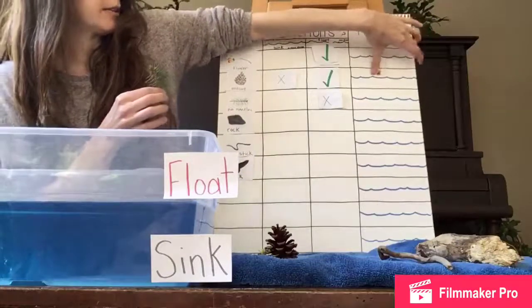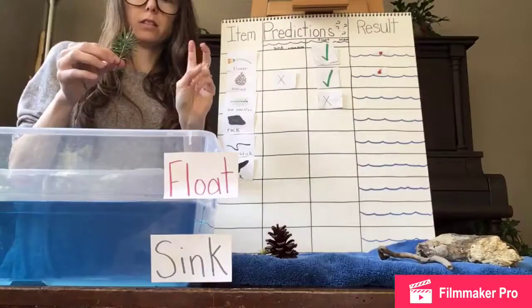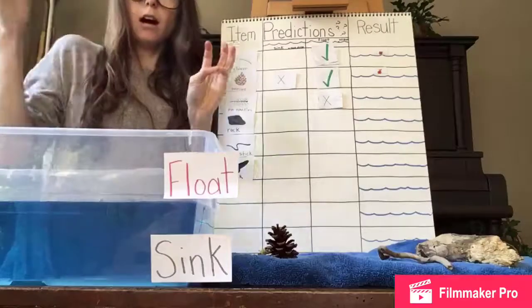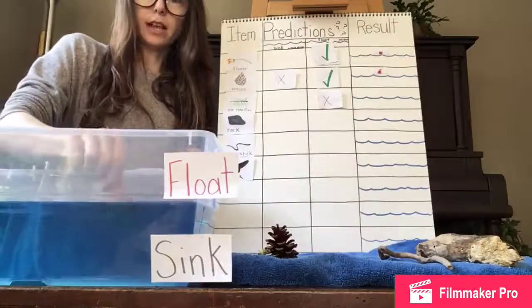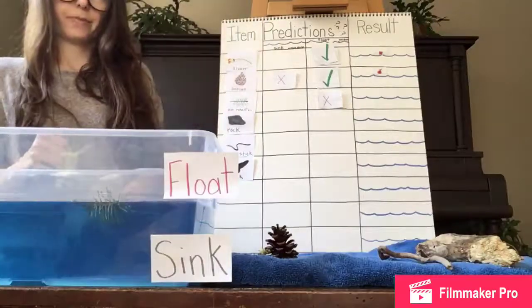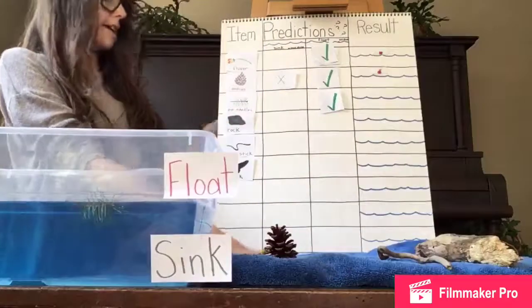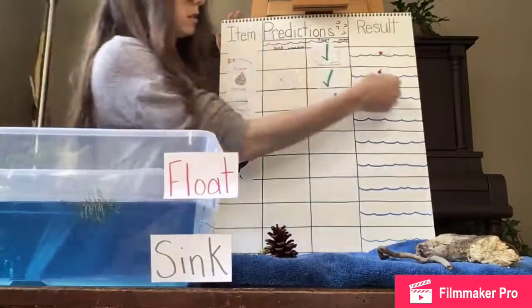We want to record our results. Okay, let's see. 1, 2, 3. It floated, just like we were talking about. So, our prediction was correct. And we'll have to record our results.